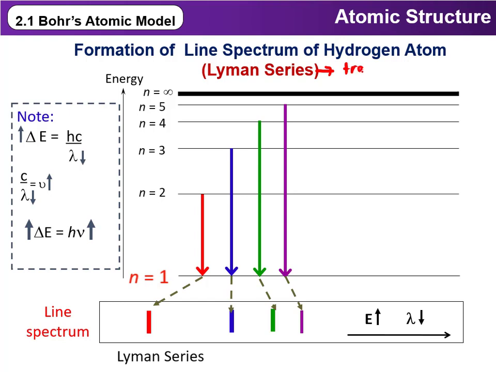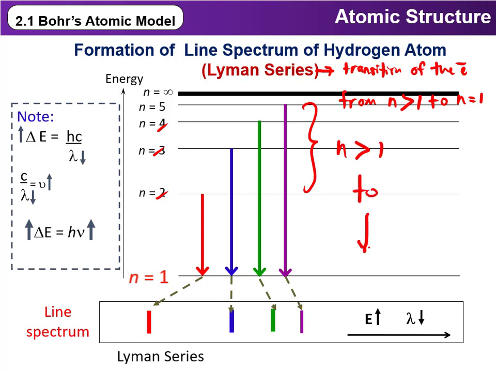The Lyman series is the transition of the electron from n more than 1, that is 2, and so on, to n equals 1. So any transition of the electron starting from 2, 3, 4, and so on, which are n more than 1, down to n equals 1, is the Lyman series.